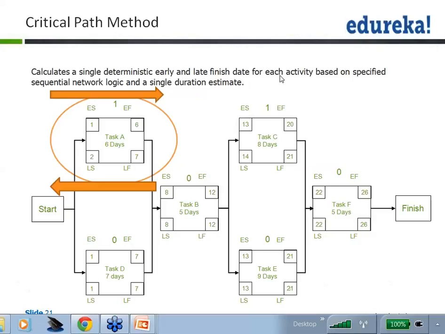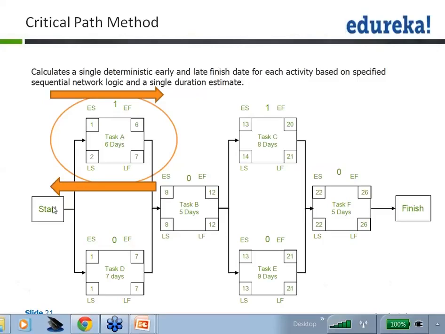In this example, if you look from the start, there are two possibilities. I can actually go via task A, task B, task C, task F and finish. That is the one path available to me to complete the job.